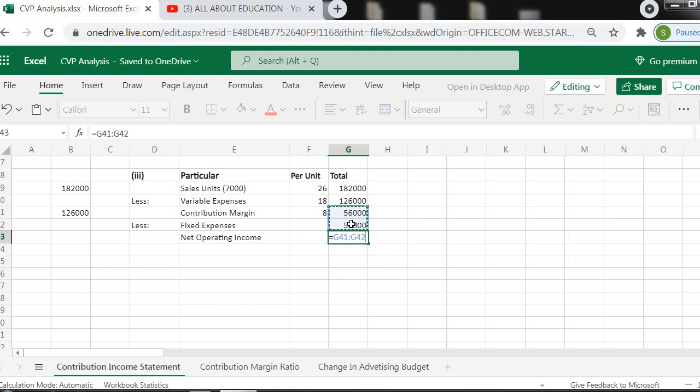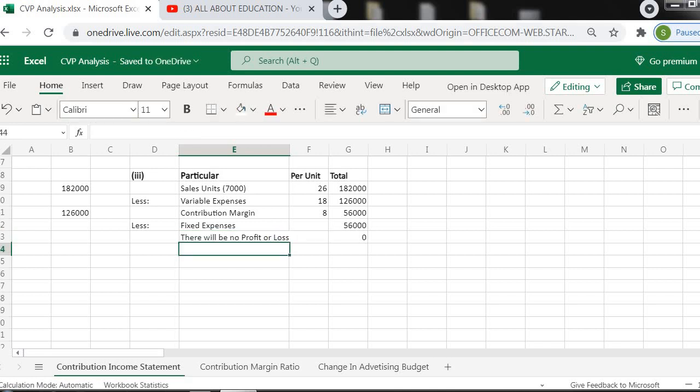When we deduct 56,000 from 56,000, so what we get? 0. So there will be no profit or loss.